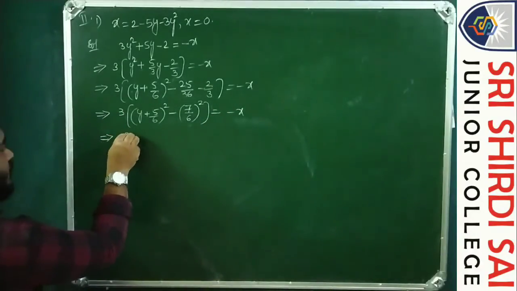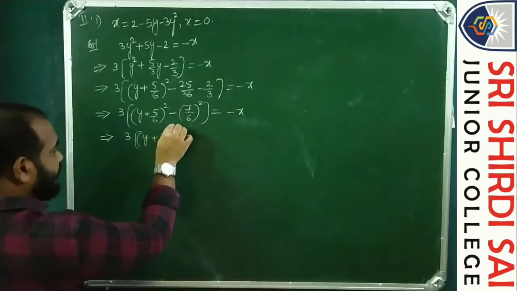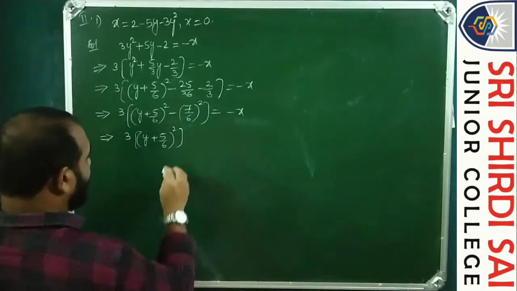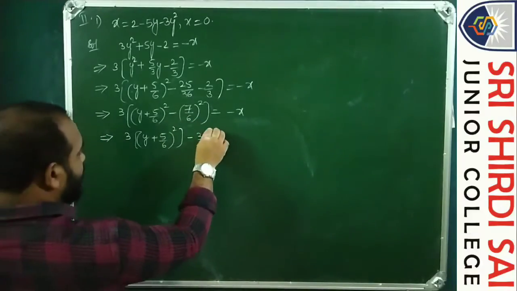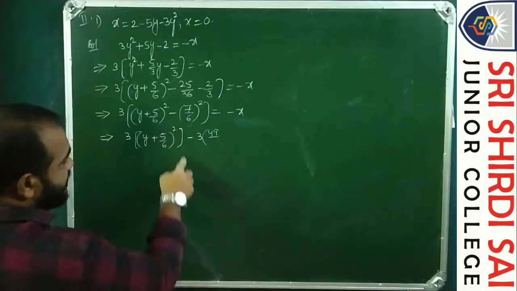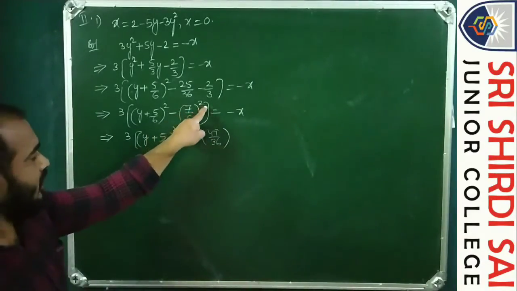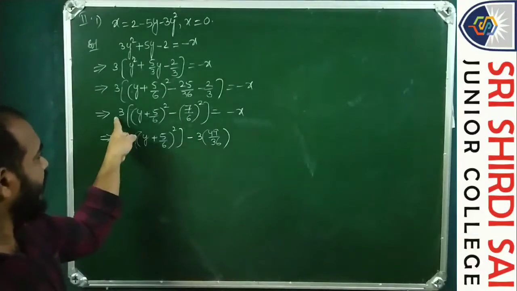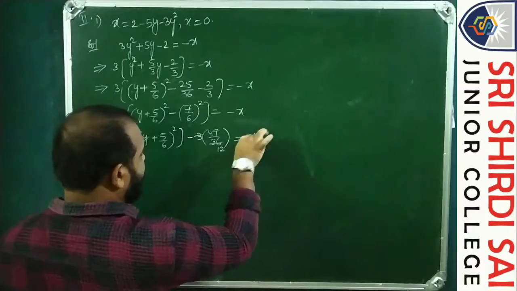So this is equals to 3 into y plus 5 by 6 whole square minus 3 into 7 square is 49, 6 square is 36, 3 12s are 36, is equals to minus x.